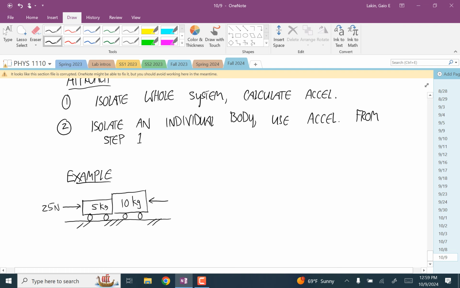And going the other way, a 50 Newton force. And let's say we want to calculate the force vector on the 5 kilogram by the 10 kilogram.